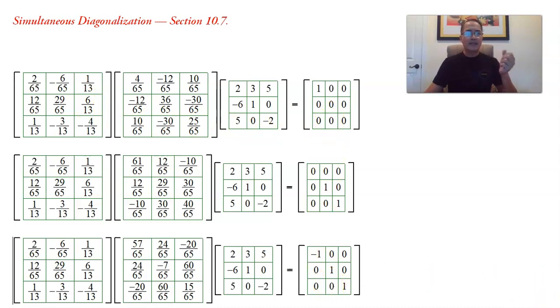Now, why is this a big deal? What we did is a process called simultaneous diagonalization. It is in the very last section of the 4th division, and something that I'm very proud of. You don't see it very often in introductory linear algebra textbooks, but it's something you can do.